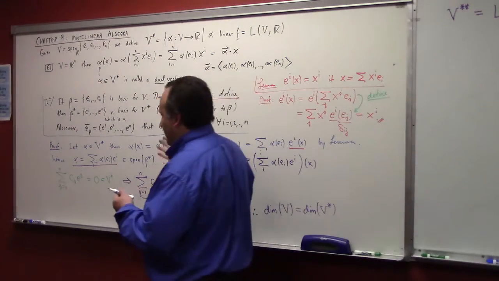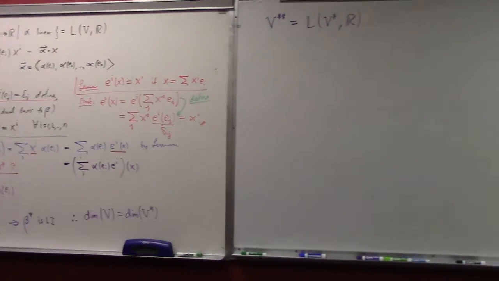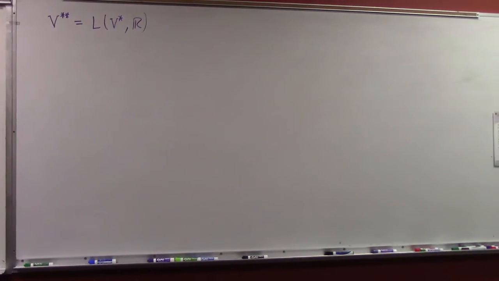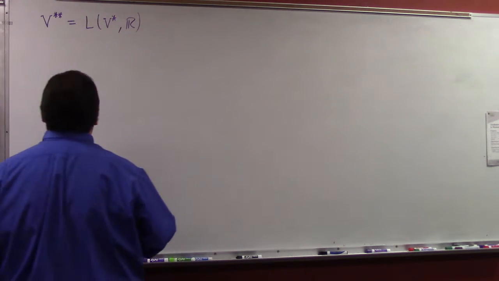Now, the isomorphism that I just found between V and its dual was based on a choice of coordinates, right? It was not what we would call canonical. If you can find an isomorphism between two objects which doesn't use coordinates, then that's an example of a canonical isomorphism. And such is possible for V double dual here.